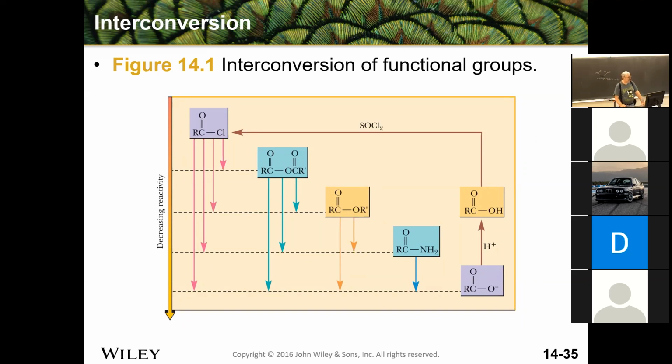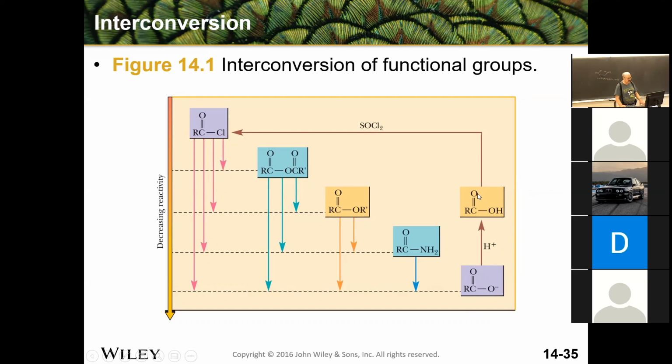So we can interconvert derivatives into other derivatives. Acid chlorides can be converted into any of the other 3 derivatives and to carboxylate salts. Anhydrides likewise can be converted to esters, amides, or carboxylates.